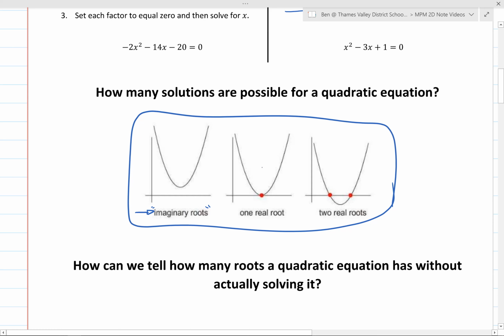And then otherwise, we can have a parabola that has a vertex right along the x-axis. If that's the case, then we have one real root. And otherwise, say we have a parabola that opens up and a vertex below the x-axis, then we'll have 2 real roots. Alternatively, we could have a parabola that opens down and has a vertex above the x-axis, in which case, again, we would have 2 real roots.